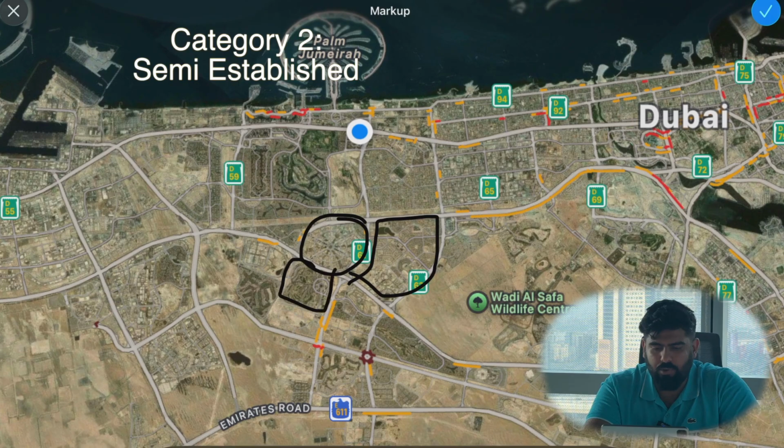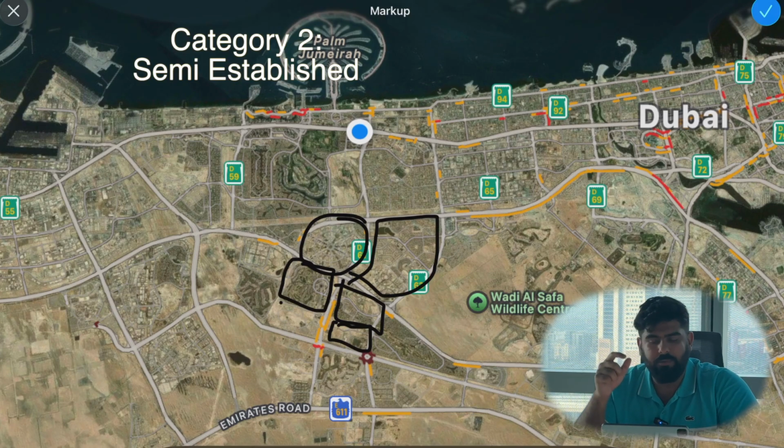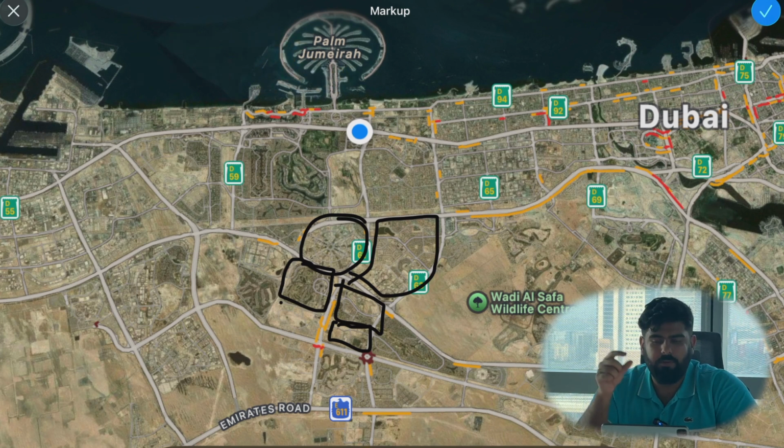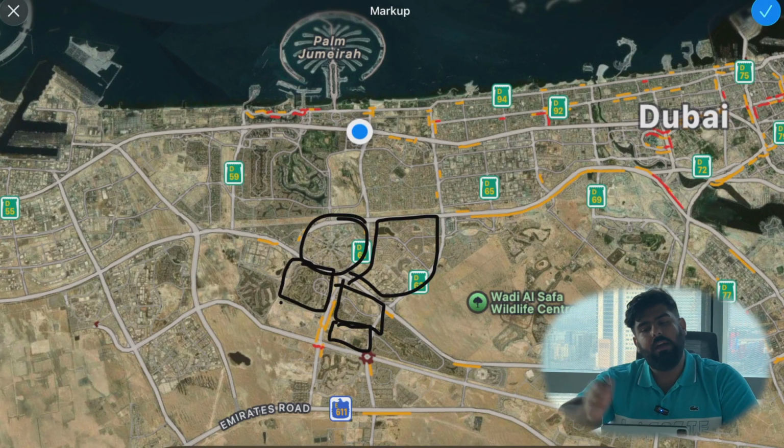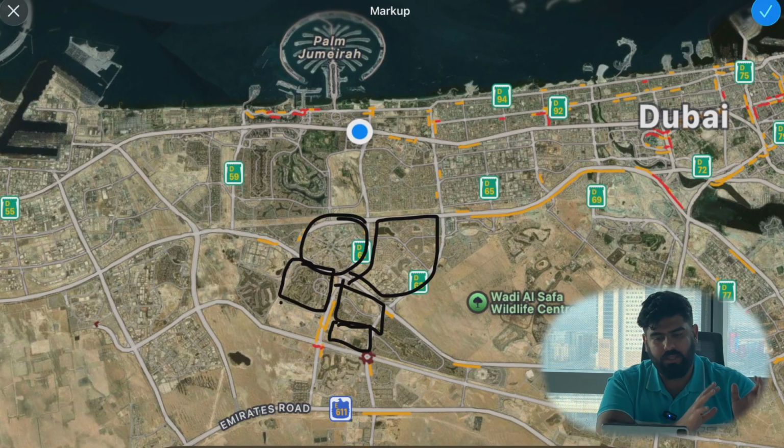Then you've got Dubai Sports City, you've got Motor City, and you've got Studio City. And then I've left a couple of communities. But these are the open communities where anyone can build. There's all sorts of developers here. There's high-end finish and quality from some, and then there's completely pathetic developments, what I call cockroach buildings as well.